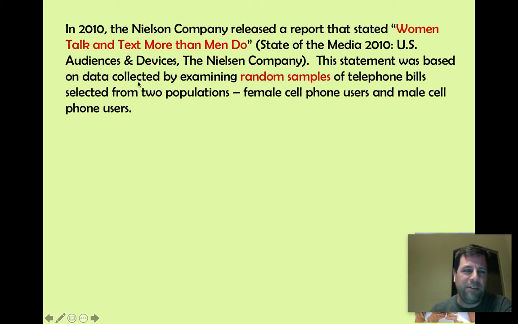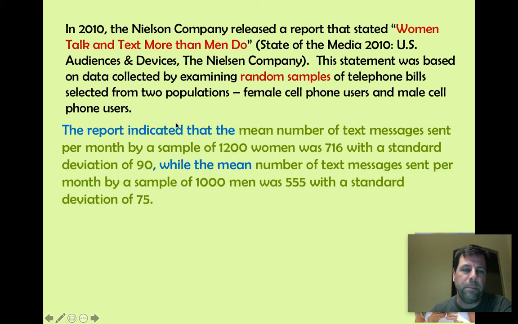This statement was based on data collected by examining random samples of telephone bills selected from two different populations, female cell phone users and male cell phone users. The report indicated that the mean number of text messages sent per month by a sample of 1,200 women. Let me go over here with my little paper and write this down.